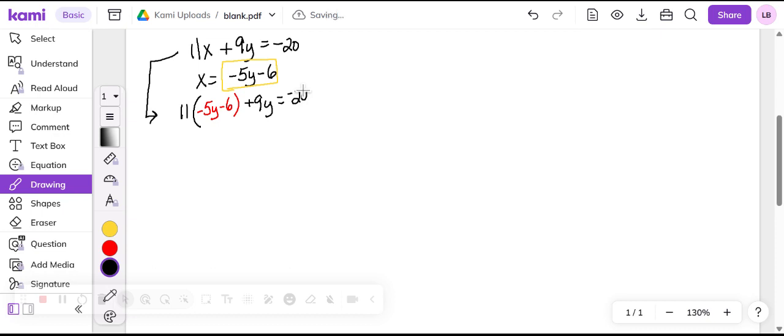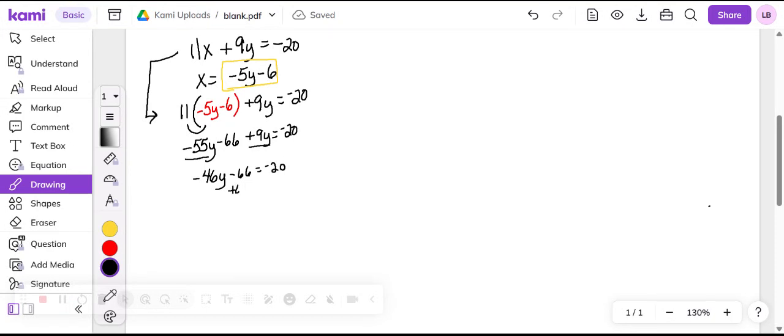Now I can use the distributive property. 11 times negative 5y is negative 55y. 11 times negative 6 is negative 66. Now I can continue to solve this equation: negative 55y plus 9y would be negative 46y, minus 66 equals negative 20.